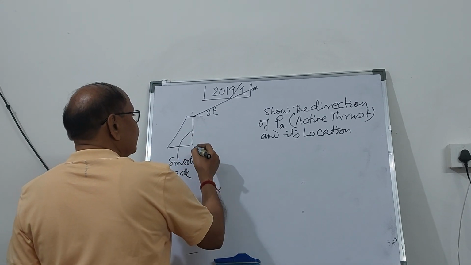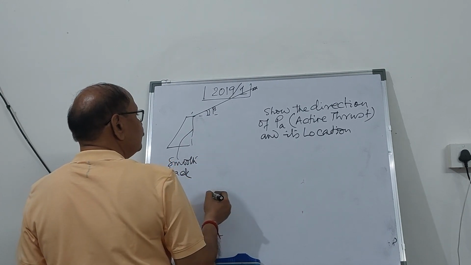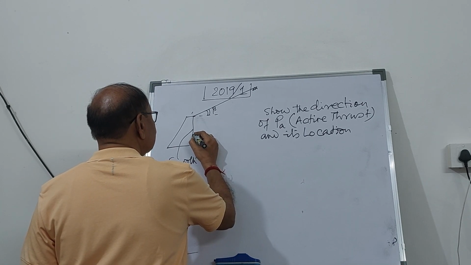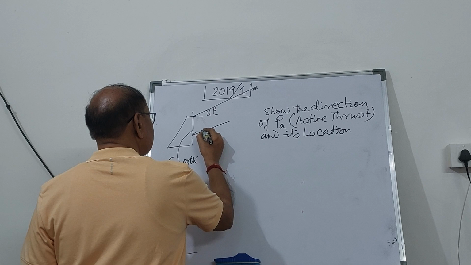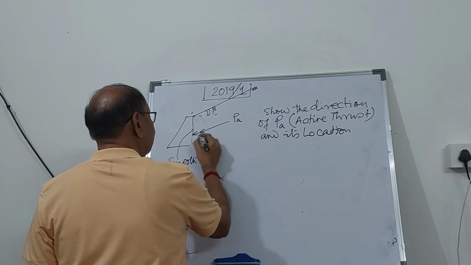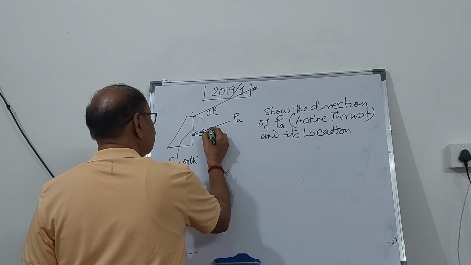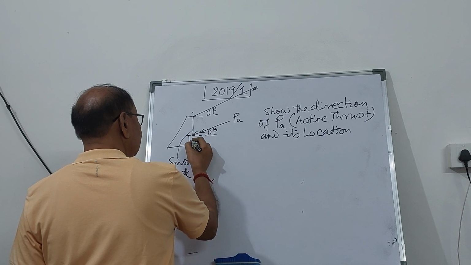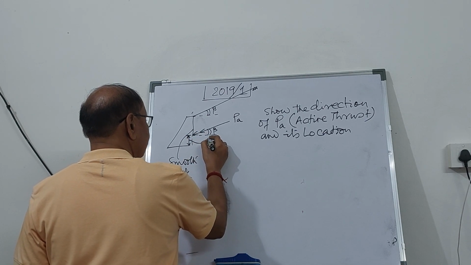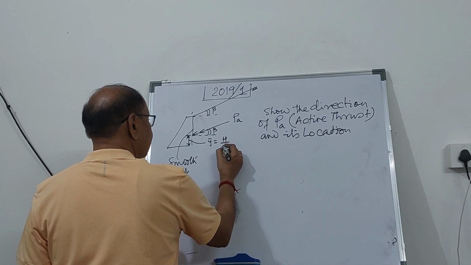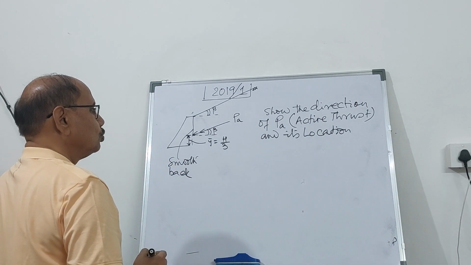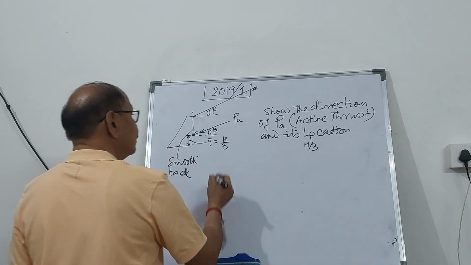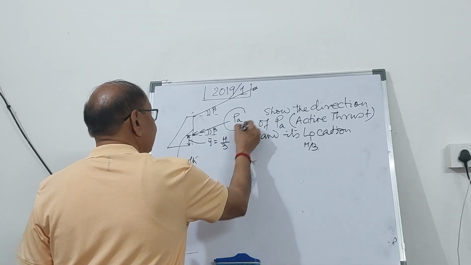Now, because the back is smooth, there is no friction, delta will be 0, and therefore PA will be inclined with the horizontal at the same angle, and its location y bar will be h by 3. So location is h by 3, and we have shown the direction of PA.